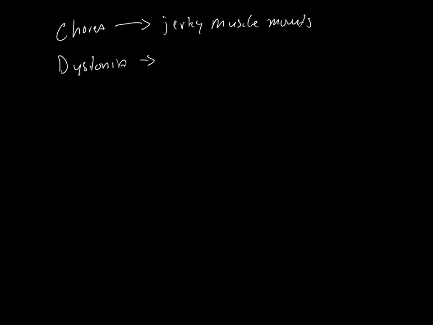Specifically, I want to focus on what's known as a dystonic reaction. It's a group of muscle disorders associated with dopamine. Dopamine is a very important neurotransmitter when it comes to movement in the central nervous system.